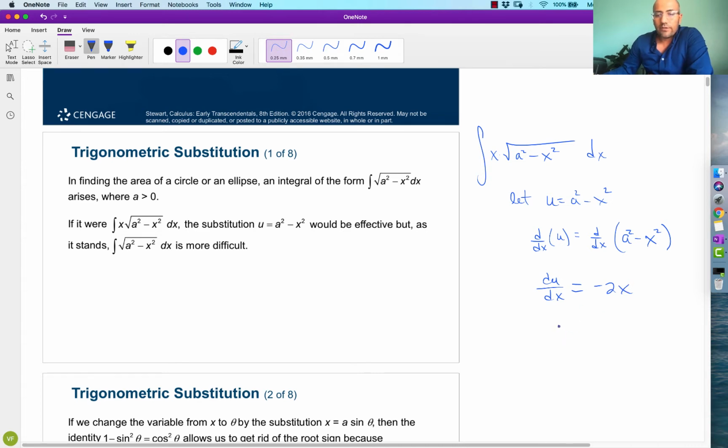So when I solve for du, it is going to be equal to minus 2x dx.